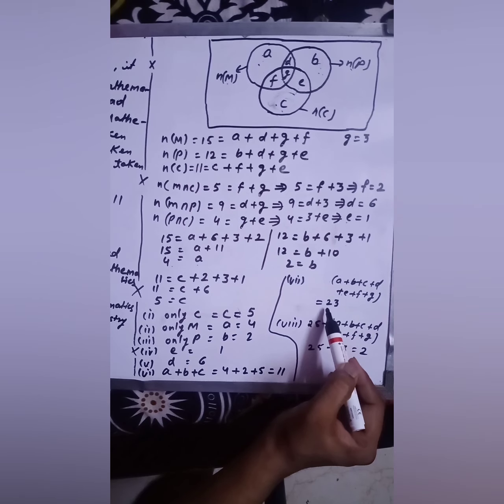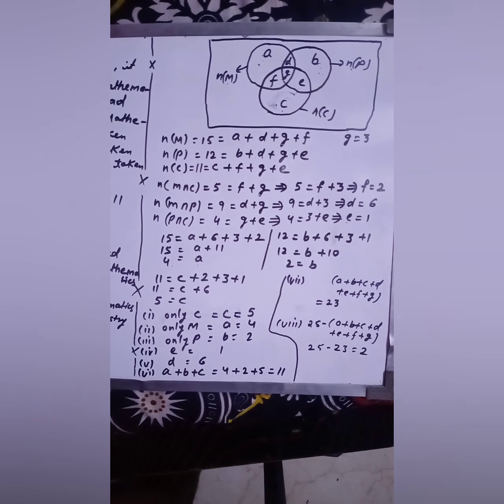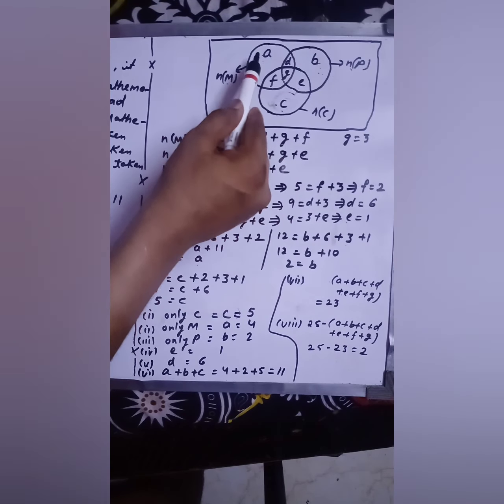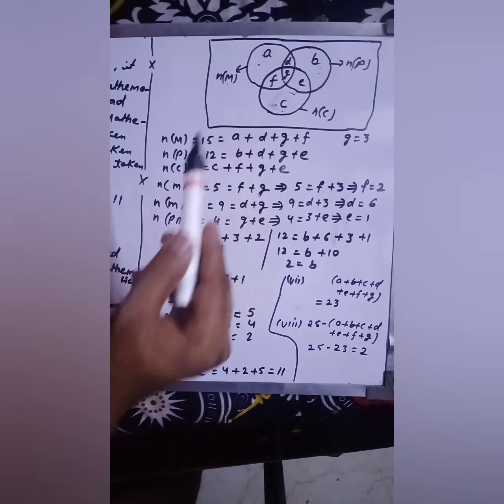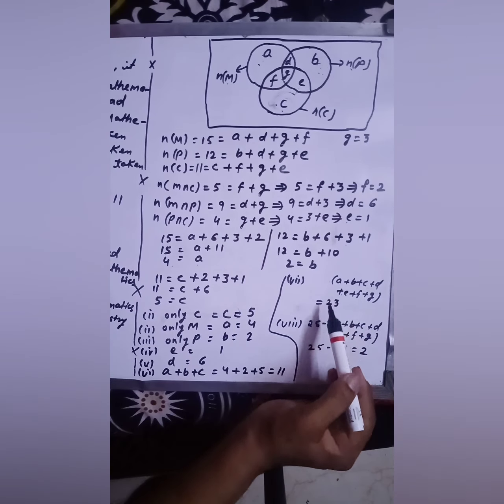At least one of the subjects means the student must be studying at least one subject. So it will be the sum of all the values, and when you put in the values and add, you will get 23.